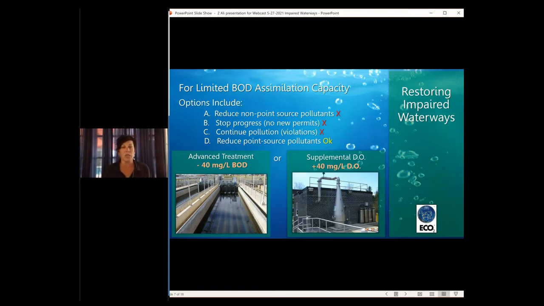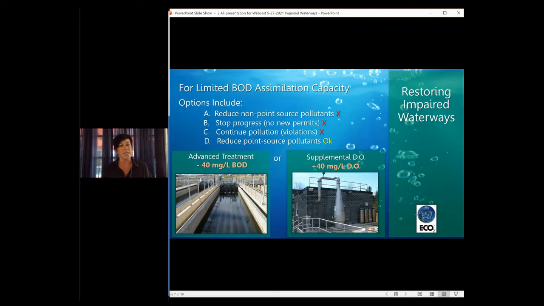If you need to reduce a BOD load coming from a wastewater treatment plant, you might say, okay, well, we would be looking at advanced treatment, where we would try and further reduce that BOD from its secondary effluent levels of maybe 50, 40, 30 milligrams per liter of BOD, and we would try to get that down as low as possible. So let's just say that with advanced treatment, we may be able to reduce 40 milligrams per liter of BOD.